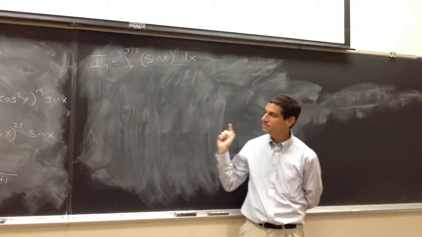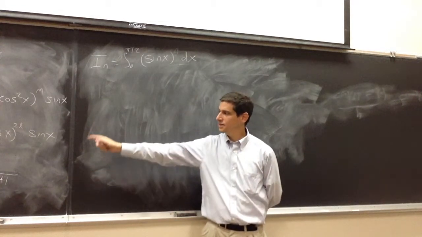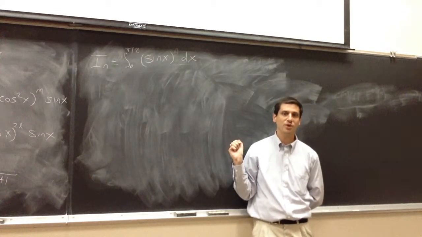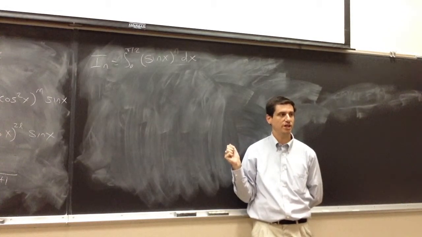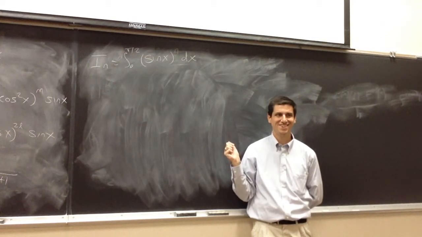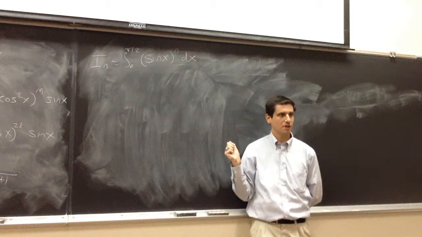Well, if I assume it's even, then I would have to figure out a nice way to handle that. So it's not bad, but I don't want to assume n is even. What should I assume about n? Okay, n is an integer. You assume it's large, because the larger n gets, the smaller it gets.